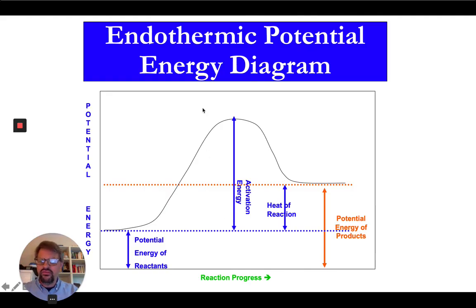Some of the energy from sunlight, activation energy, is stored in the product of sugar. Endothermic, again, is a reaction that is absorbing energy in some way from the environment. So any chemical reaction we can describe in terms of how it either is releasing heat or absorbing heat from the environment.